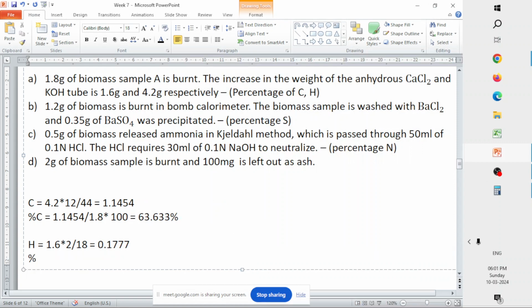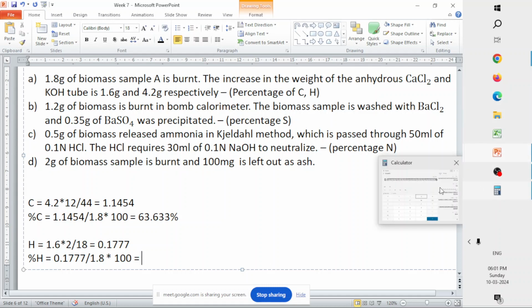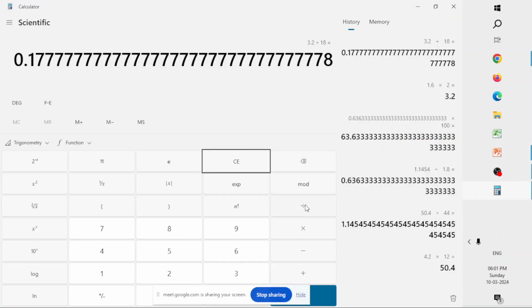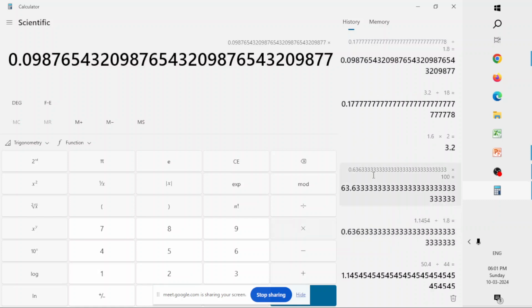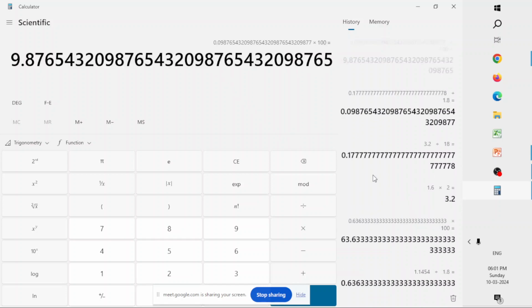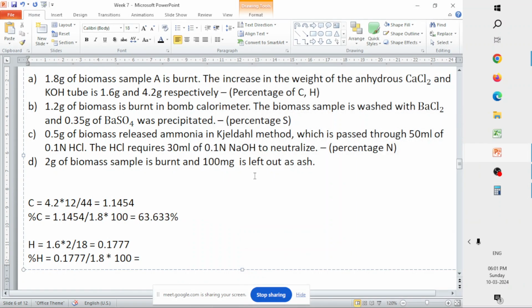So percentage of hydrogen content will be 0.177 divided by 1.8 times 100, which will be nothing but 9.8765%.